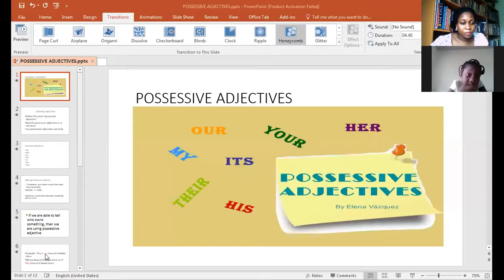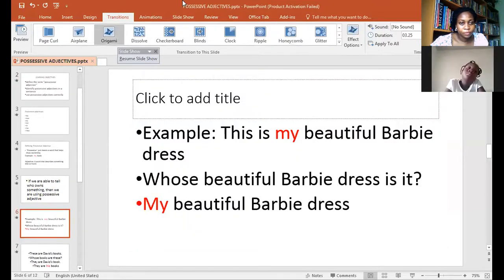So like we were seeing in the example, my beautiful Barbie dress.